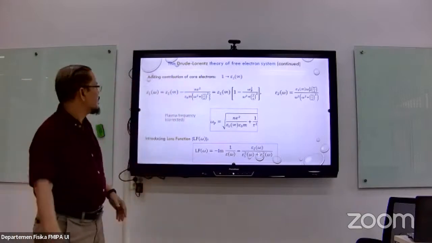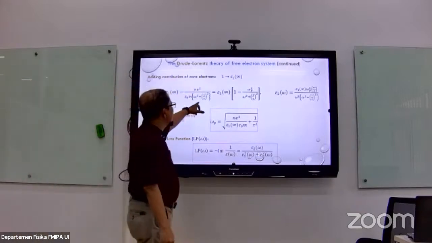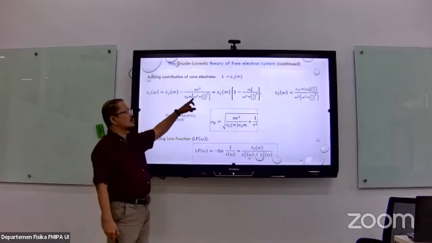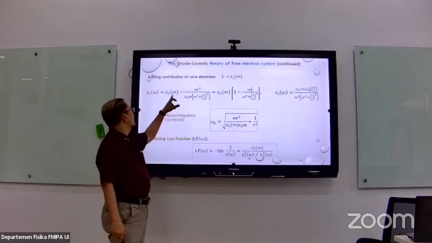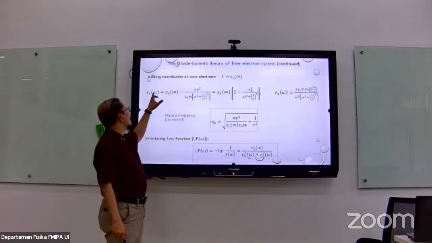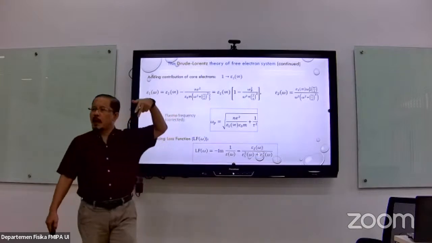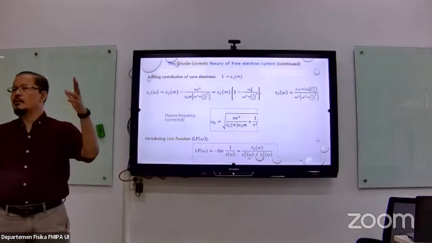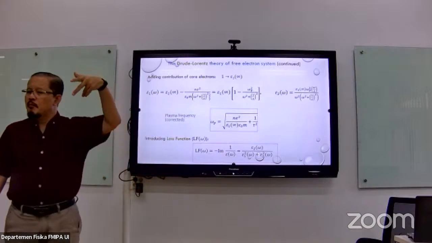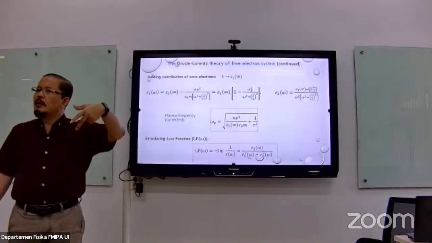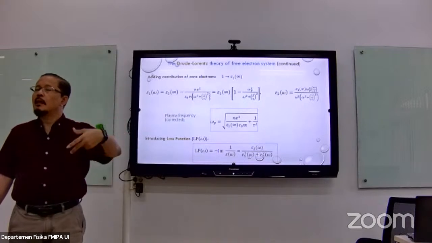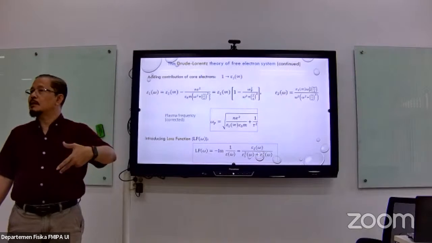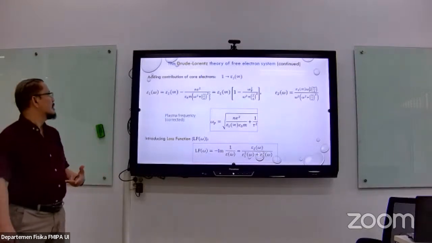So if tau is very large, then at omega equal to 0, the value of epsilon 1 is really minus infinity. That's not the realistic one, though. It's actually a very, very high negative value, but it's not infinite.